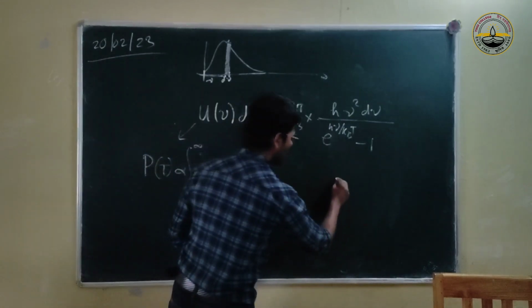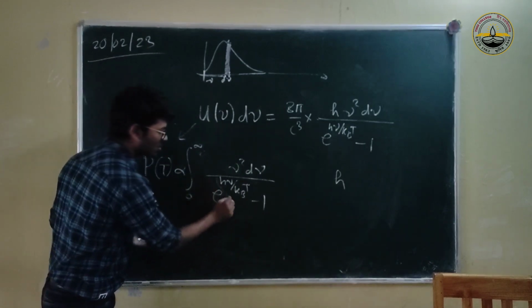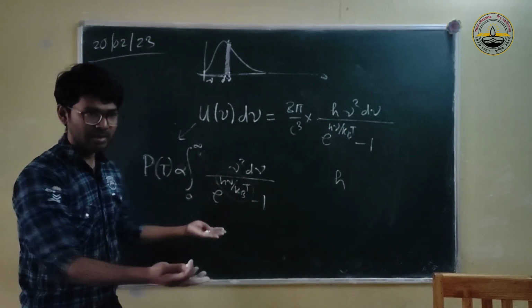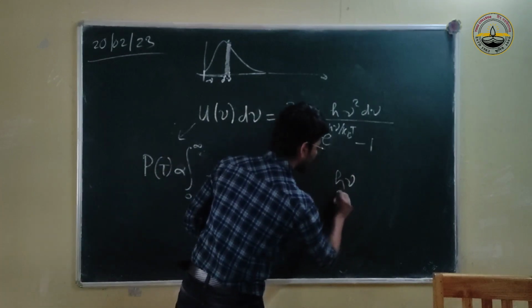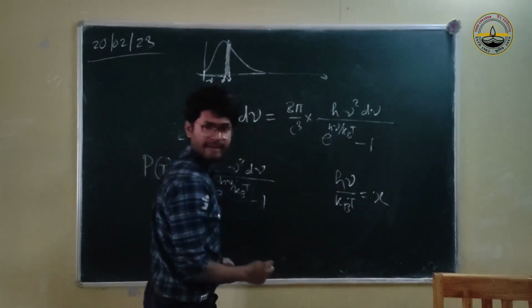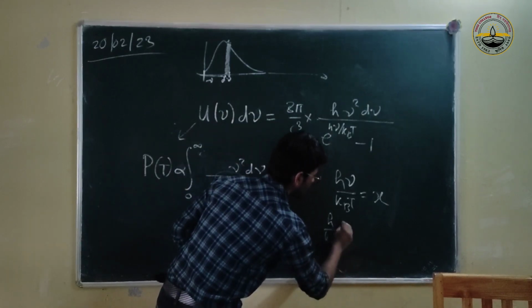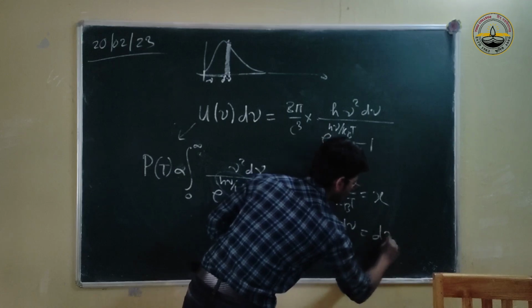Now to do this integration, naturally I have to take h nu by kBT equal to some variable. This is the first thing anyone will attempt, equal to some x. And so h by kBT d nu equal to dx.